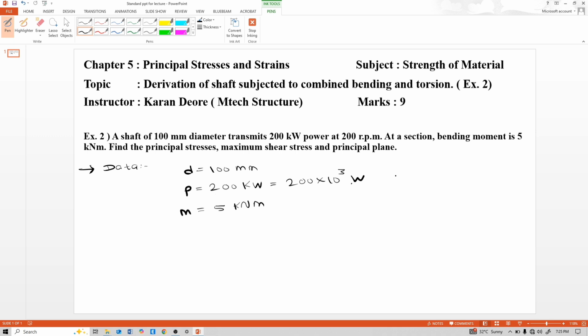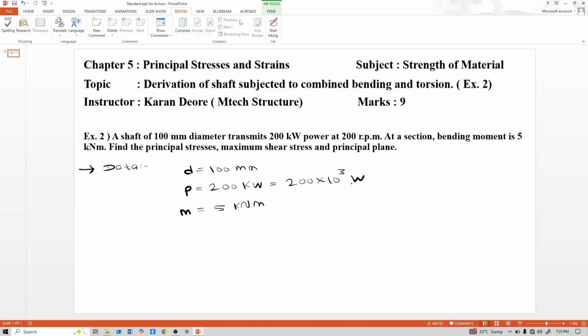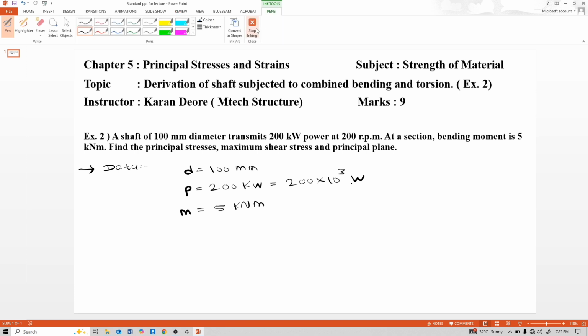This moment is always in unit kilonewton meter or Newton mm. With Newton, mm comes and with kilonewton, meter comes. So remember this. And the number of revolutions is denoted as n, 200 rpm.